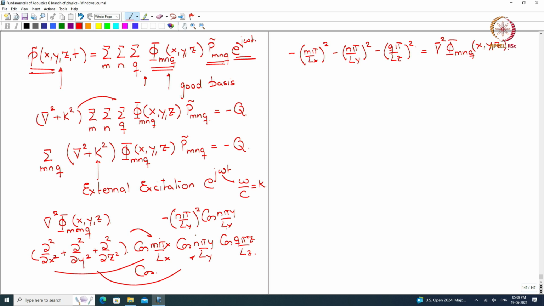okay. So, we will give this a name, minus k square m and q, okay. And of course, here the phi m and q remained, okay. Let me do this.